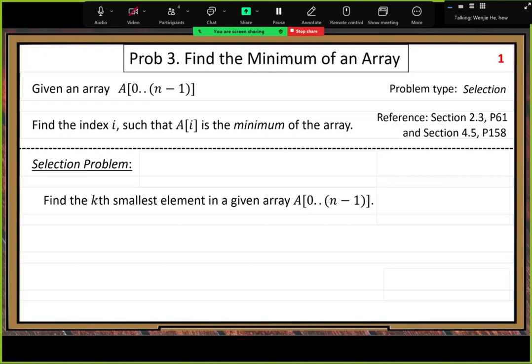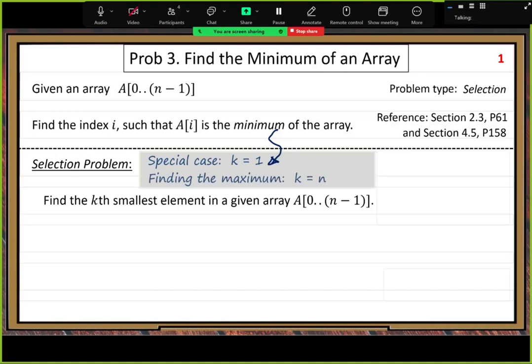All questions like this we call a selection problem. For the minimum question, K equals 1, a special case. Maximum is when K equals n.